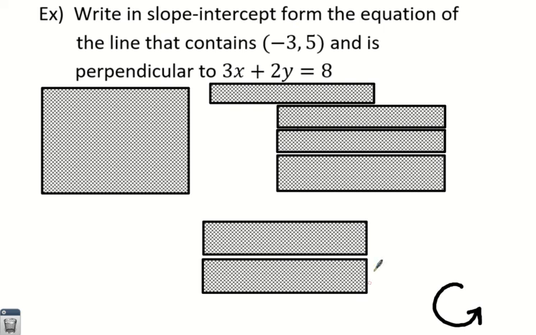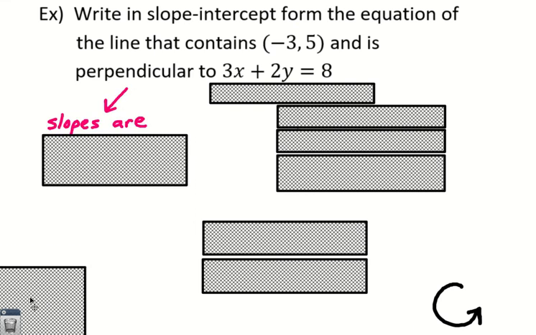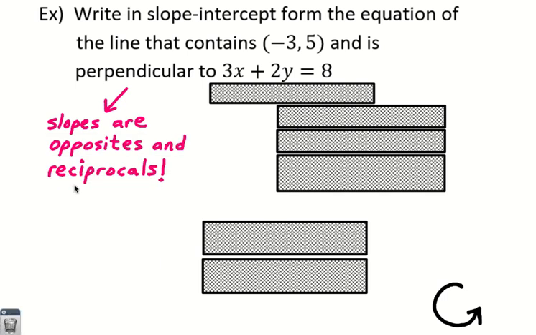They're giving us a point. We need to figure out slope for ourselves. It's just that this one is perpendicular. Remember, perpendicular does not mean same slope. It means the opposite reciprocal.